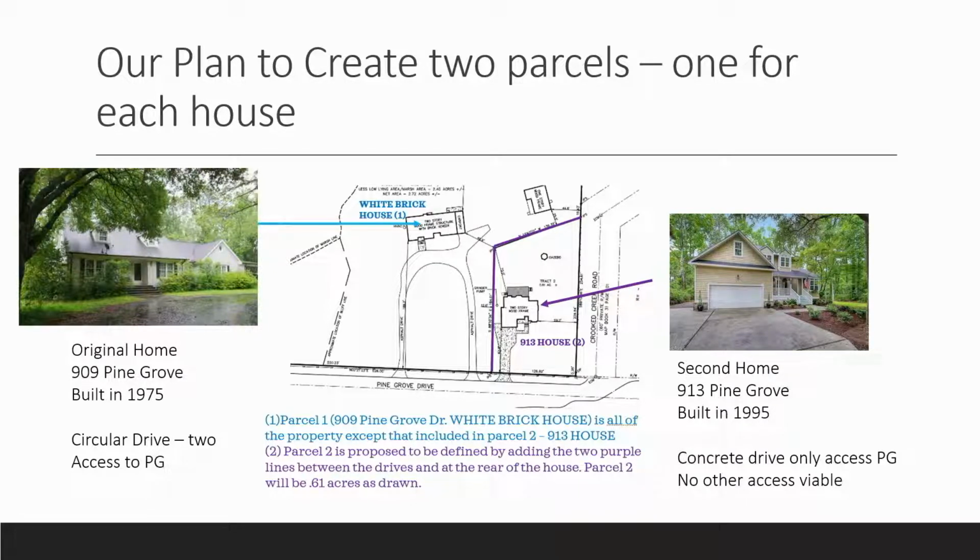The second home was built for a family member and their family, one of the children of the people living in 909, and it was built in 1995. There's a large concrete pad and driveway in the front of this house, which provides the only access to the house, and what we would claim to you is that there's really no other viable access to this property.